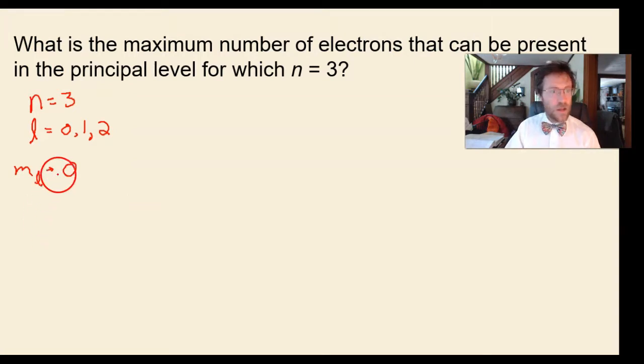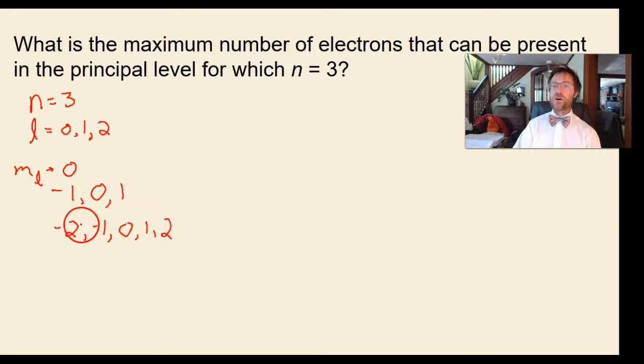For n equals 3, l is going to be 0, 1, and 2. So m sub l, the different orbitals you have, can be 0; minus 1, 0, 1; and minus 2, minus 1, 0, 1, and 2. So those are all my orbitals, right? I've got 1, 2, 3, 4, 5, 6, 7, 8, 9.